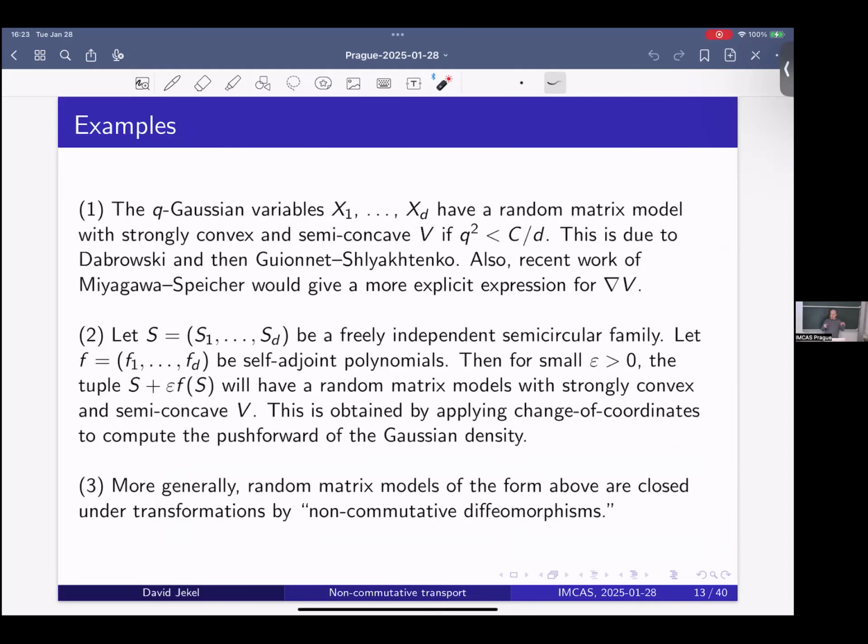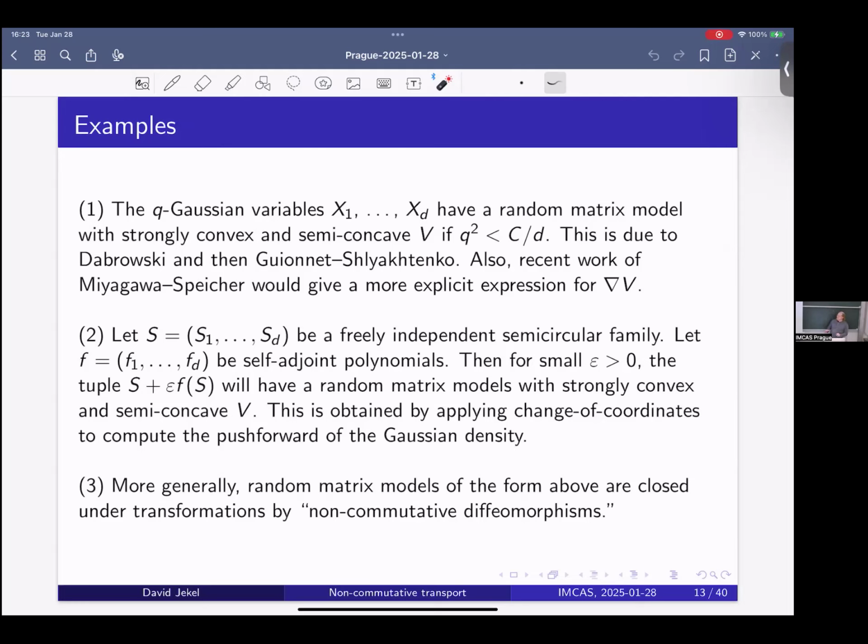The moments are given by some kind of combinatorial formula, and as you move the parameter q between -1 and 1, it interpolates between different scenarios. When q equals 0, it gives you the free case. When q equals 1, it gives you the classical Gaussians. And when q equals -1, it gives you the fermionic case, but I won't go into that.